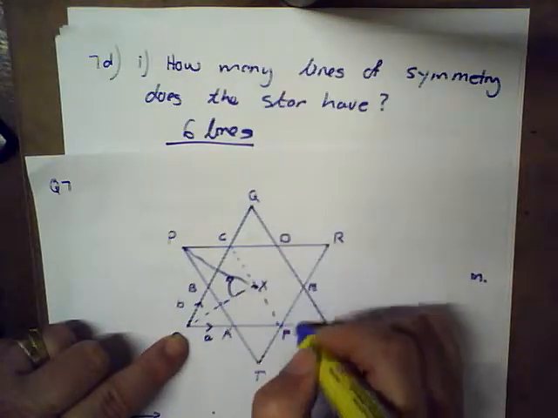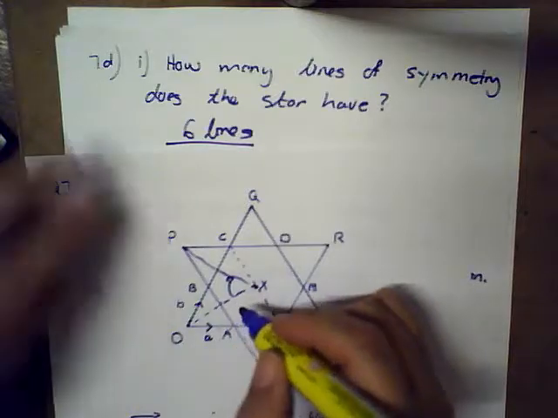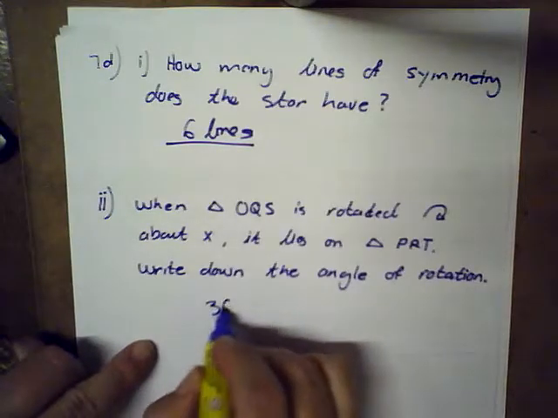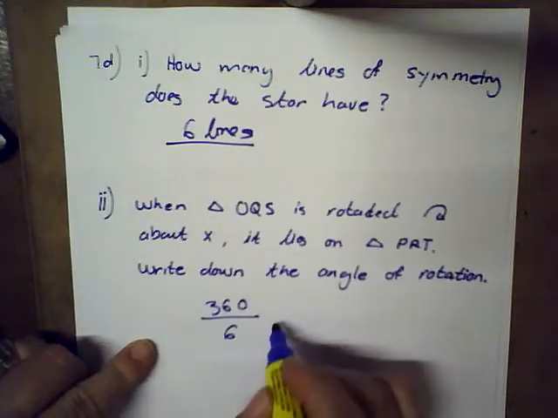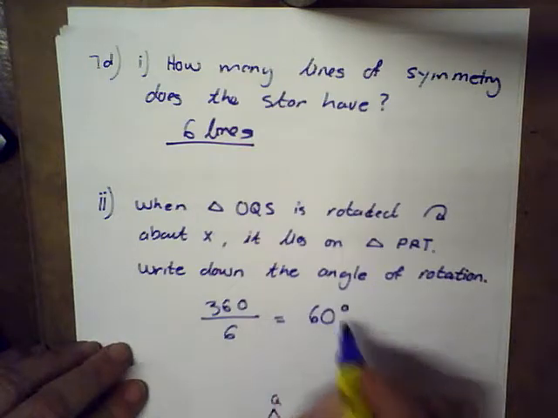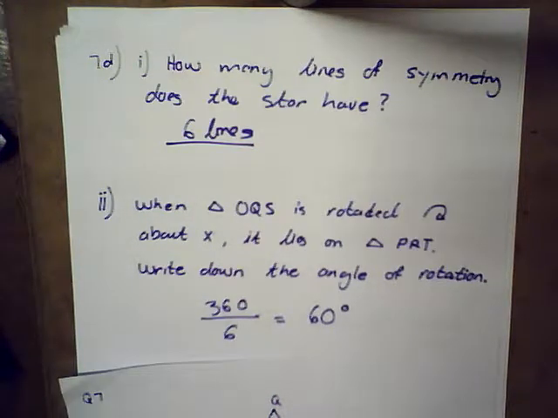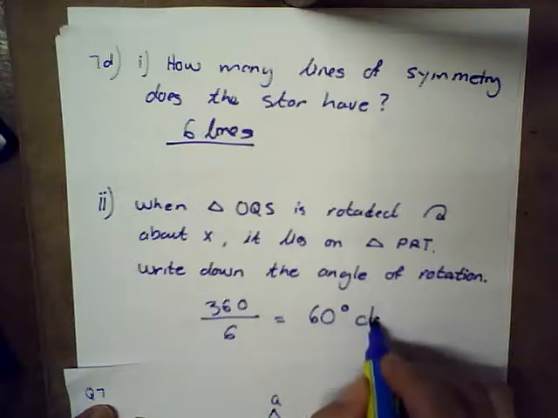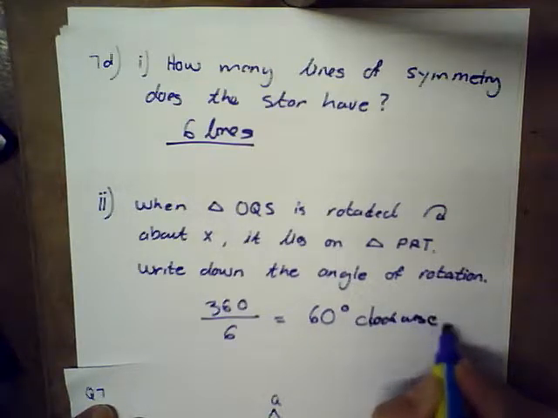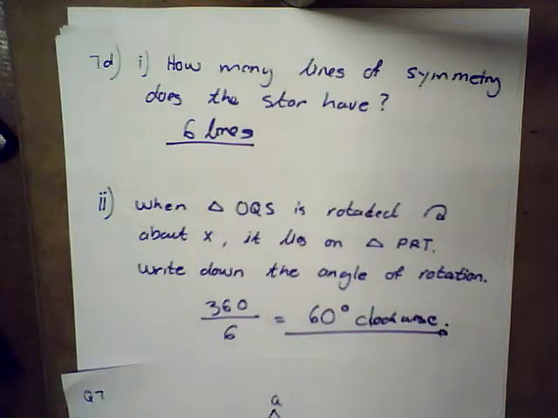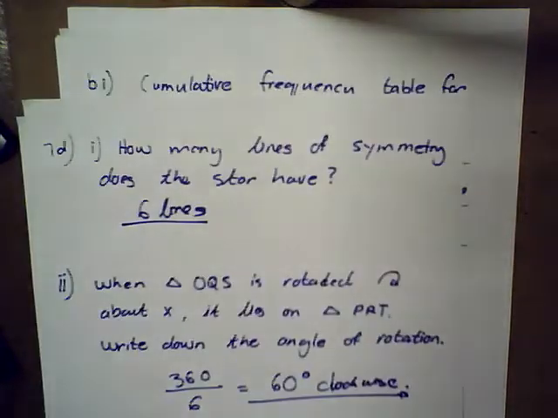If I turn right around, it would be 360. So my rotation would be 360 divided by 6. That would give me an angle of 60 degrees clockwise. And that's the answer. Okay, good. And that concludes question 7. We move on to question 8.